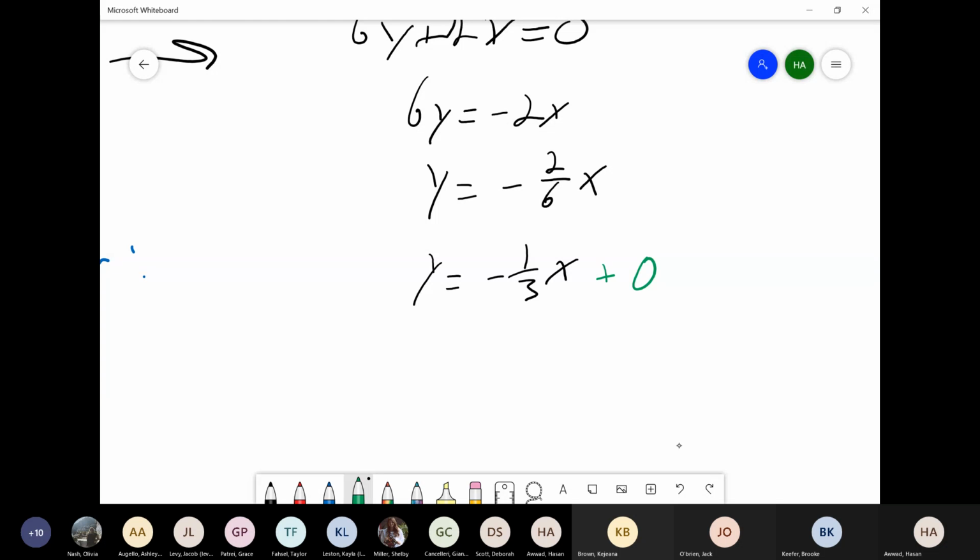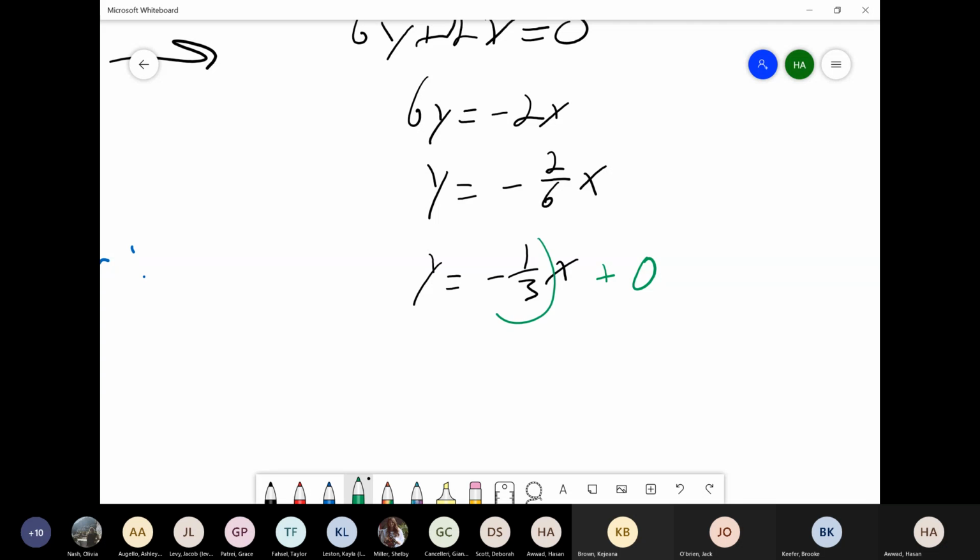There is a +0 that's hiding here. You can always add 0 to anything and not change the equation, right? So the 0 is the intercept. When x is 0, y is 0, that is our y-intercept. So it's crossing right at the y-axis, at that 0 mark. So perfect. Great. You understand that.